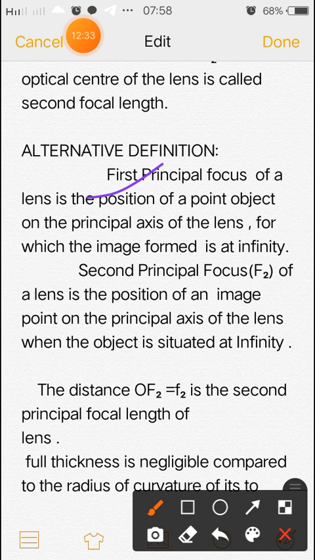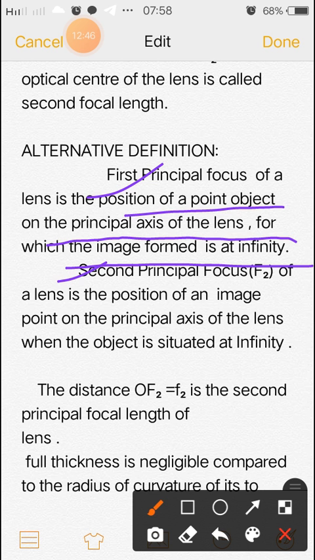The first principal focus of the lens is the position of a point object on the principal axis of the lens for which the image formed is at infinity, and the second principal focus F2 of the lens is the position of an image point on the principal axis of the lens when the object is situated at infinity.